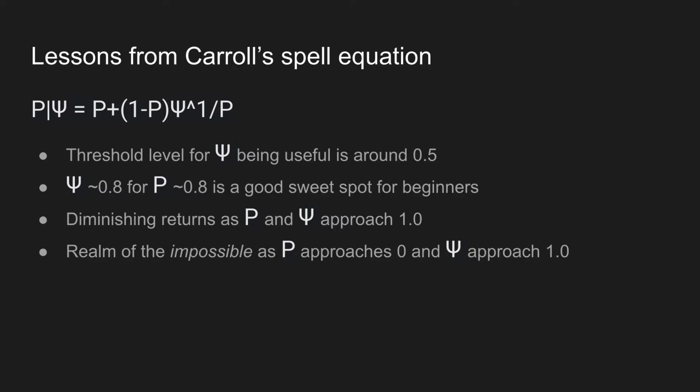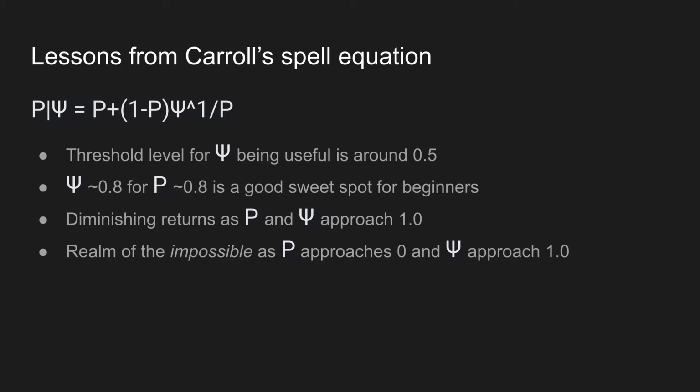Okay, so the spell equation here is the probability given psi equals p plus (1 minus p) times psi raised to the 1 over p power. That is spelled out a lot more nicely in his writing, in more standard mathematical notation.